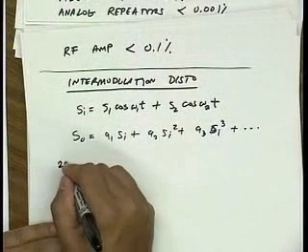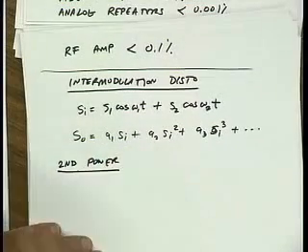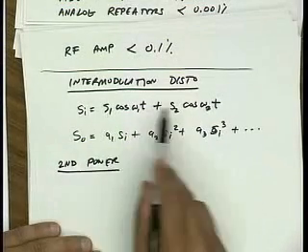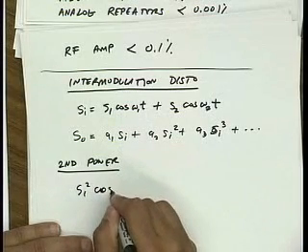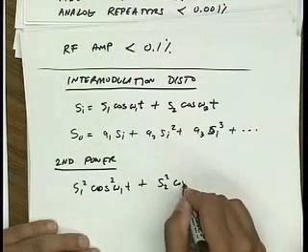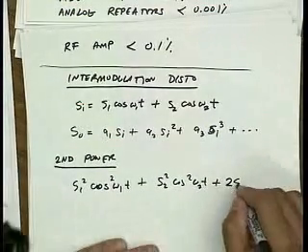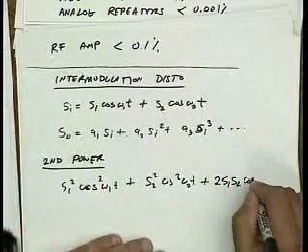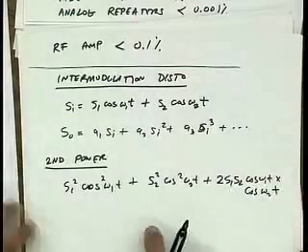Let's look at the second power. So the second power is going to basically generate S1 squared cosine squared omega 1 t plus S2 squared cosine squared omega 2 t plus 2 times S1 S2 cosine omega 1 t times cosine omega 2 t.